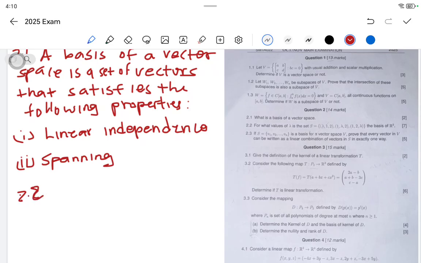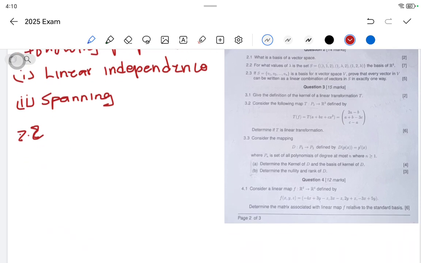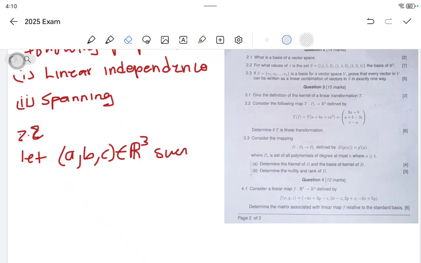Then what you're going to do here, they already said for what values of lambda. So you need to pick some element, like you're proving a spanning set. You need to let, that's why here they asked you about the basis, right? You let A, B, C be an element of R3 such that you now equate this as a linear combination of this.